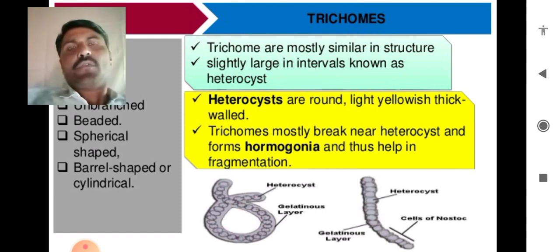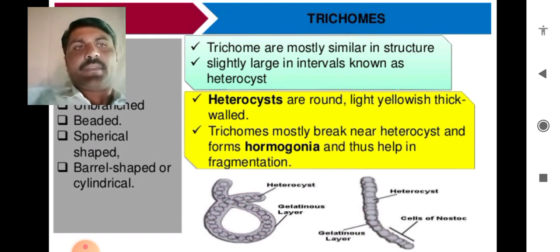Now, what are trichomes? When we hear about trichomes, we commonly call them hair-like structures on the leaf or on any parts of the plants.